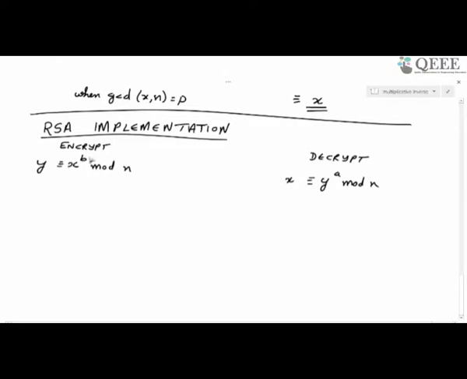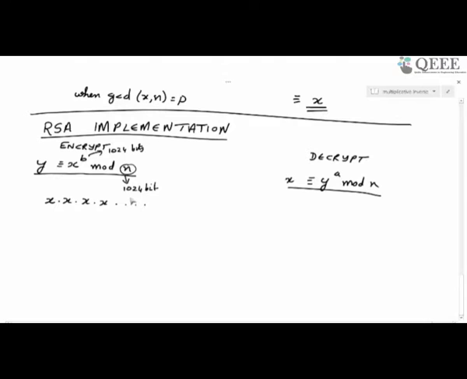Now, how would you actually perform this particular encryption and decryption? One thing you would notice is that typically this value of n is a 1024-bit number, and B is another number which is roughly 1024 bits, and therefore just performing multiplication like x into x into x into x and so on is almost impractical to do.